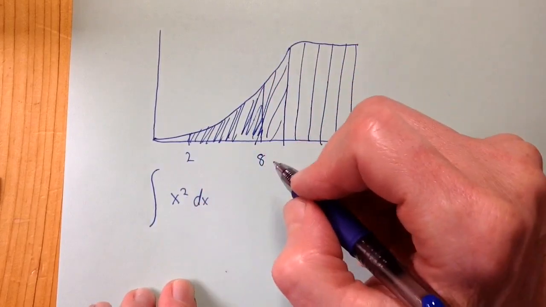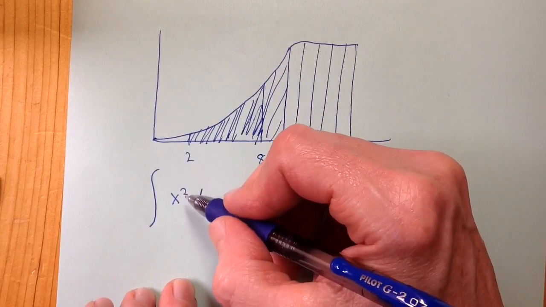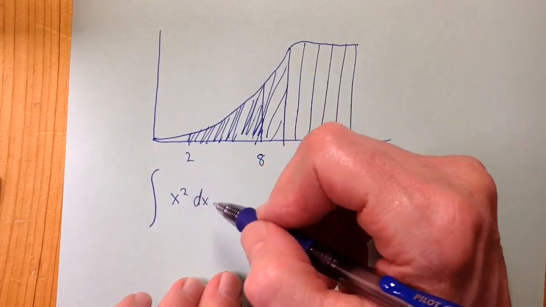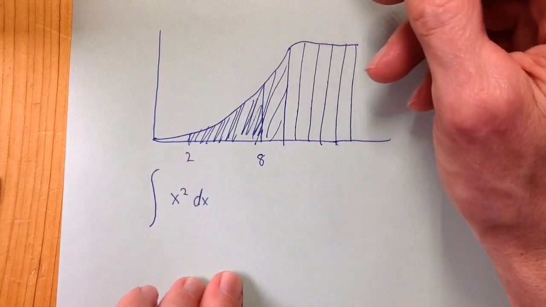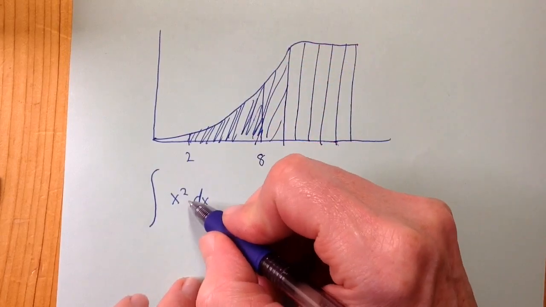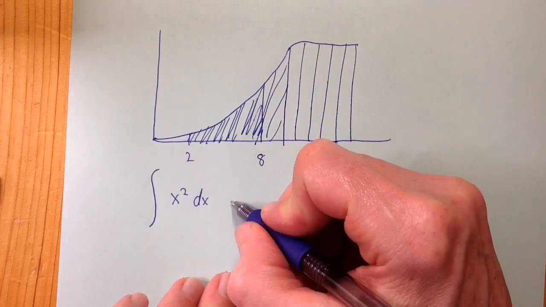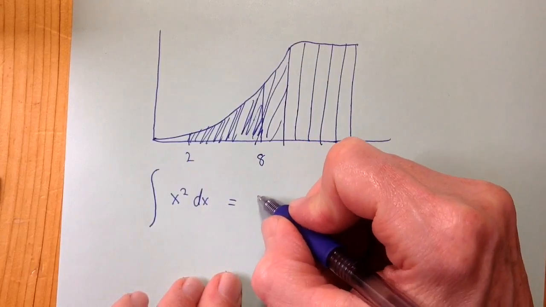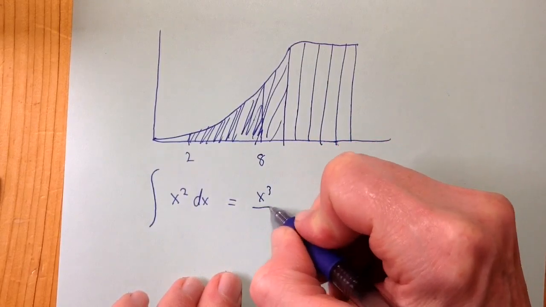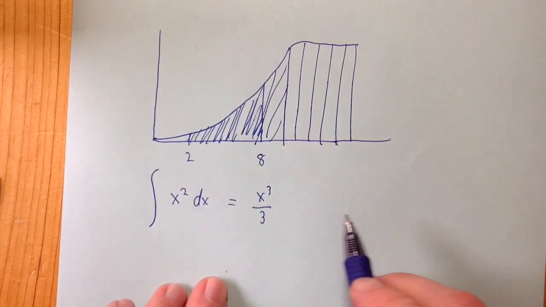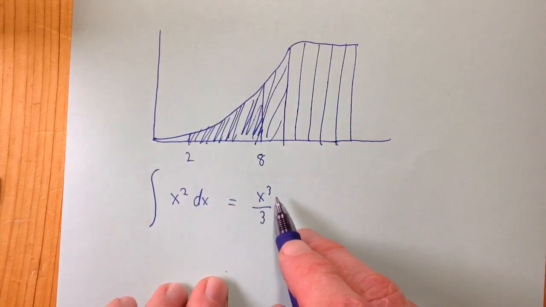And it turns out that the fundamental theorem of calculus, which is the whole part of usually Calc 2 and all of calculus, says that the integral of something, the area under the curve, ends up being that something that you would take the derivative of to get x squared. In other words, this is called the antiderivative.